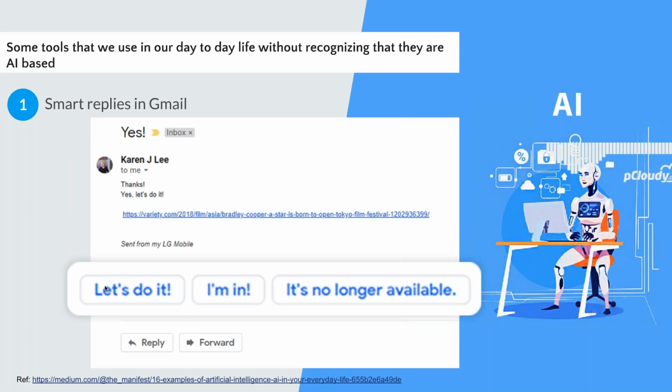Let's say lots and lots of data, lots and lots of emails Google Mail has, and it has analyzed them and created a model where by analyzing the body and the subject line, it knows what are the typical replies to these types of emails. And the first three or four most prominent replies it suggests back to us.